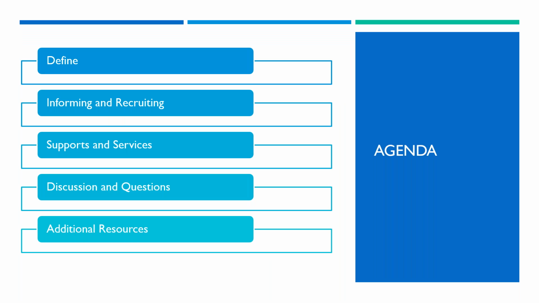So what you are all here for today. I'm going to quickly walk you through our game plan. Again, if you've seen previous webinars, this has not changed. We will talk about how Perkins V and some of the other guidance and regulations define students or families that are economically disadvantaged. We'll look at some ways to inform and recruit our students into our CTE programs, and possible supports and services that our students and families can benefit from. And then I really want to hear from you.